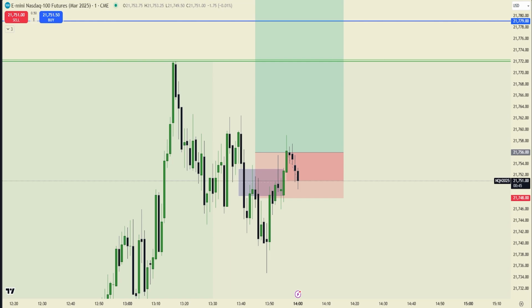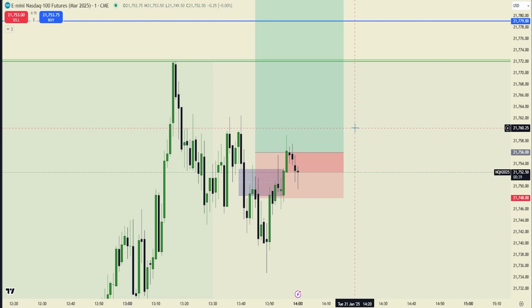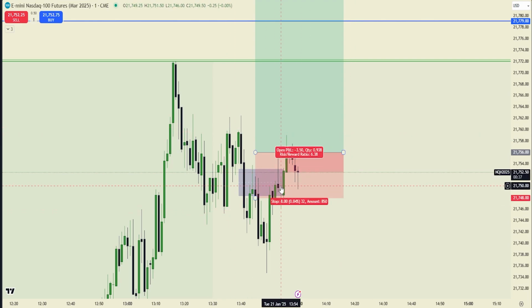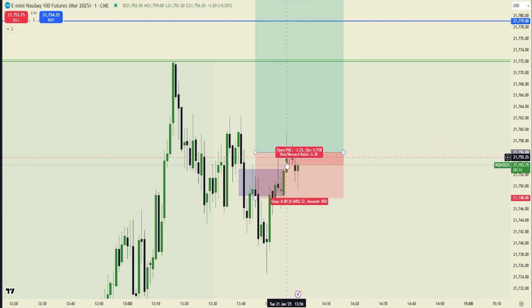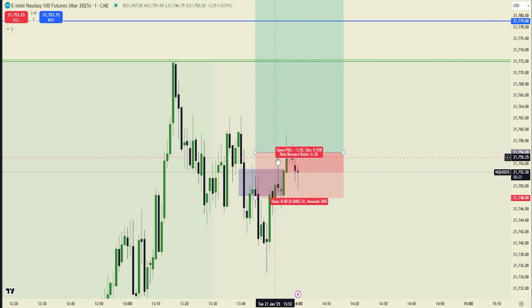But yeah, nothing here is telling me the market wants to go up. We're just so choppy. That's a really bad sign when you don't get that green candle immediately following the inverse and you just kind of chop around. How many times have we seen a play react like this to an inverse?